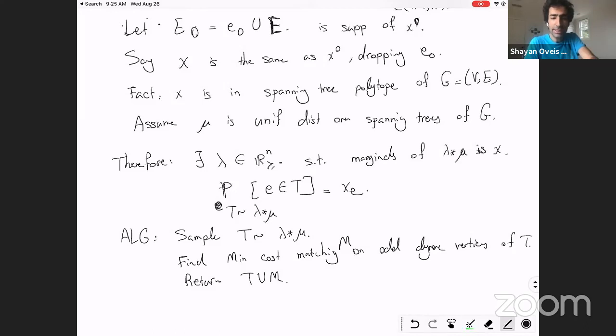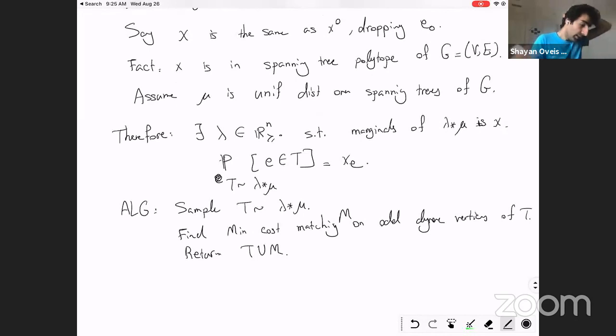The main difference here is that you sample your tree T from the so-called max entropy distribution, or this external field, which comes from a strong Rayleigh distribution. So you have a strong Rayleigh distribution on spanning trees with marginals equal to X, the feasible solution of the LP. You sample a tree T from that strong Rayleigh distribution, and then you add the matching on top of it.